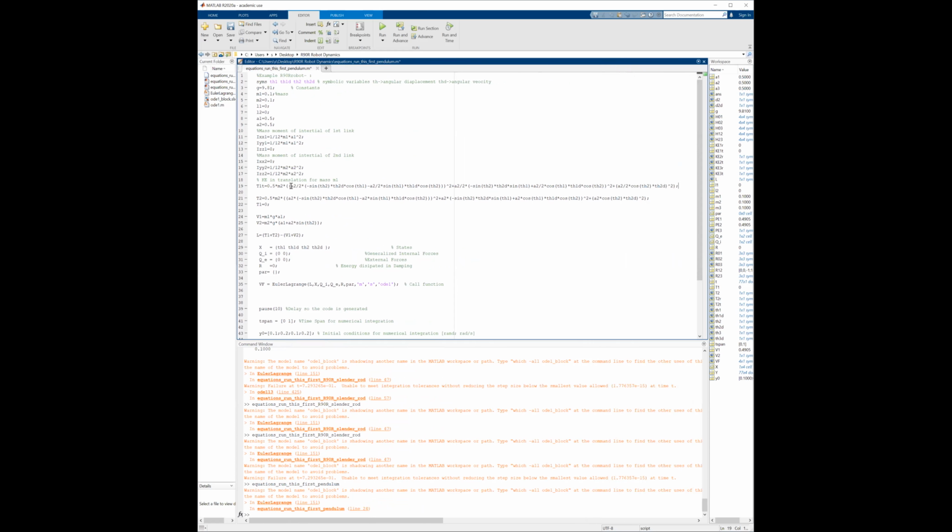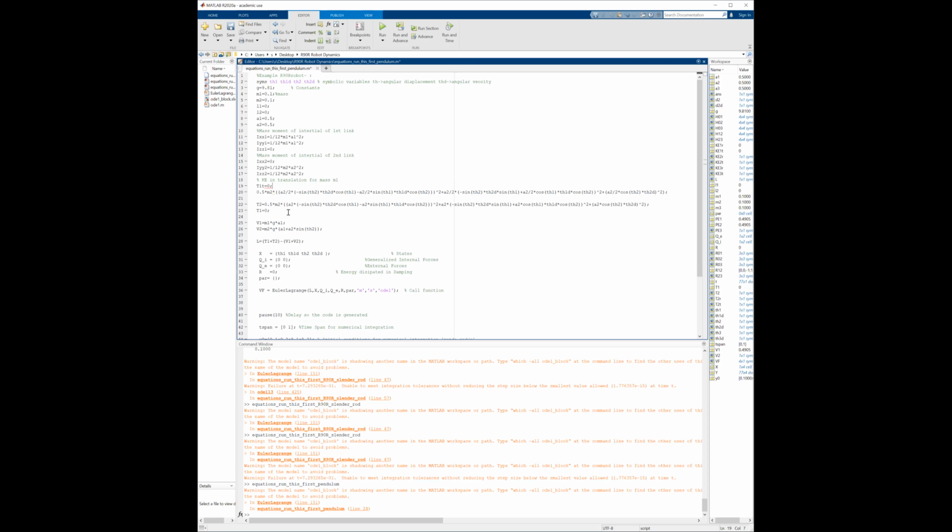So this is Vx1 square. This is Vy1 square. And this is, oh, this is actually T1T. Okay, sorry, my bad. T1T is 0.